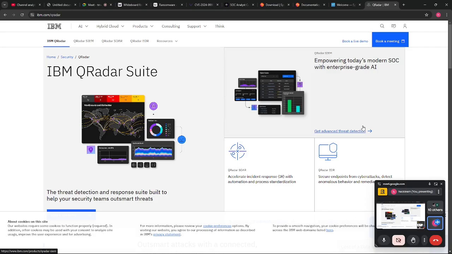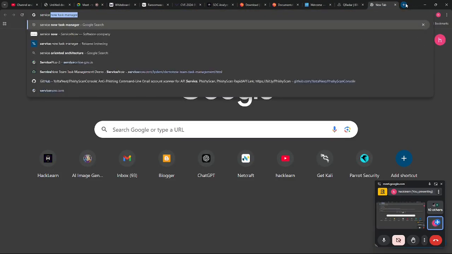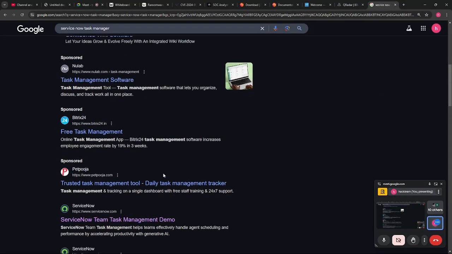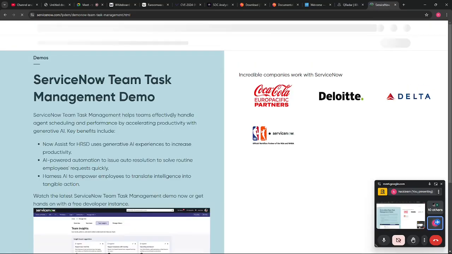So these are the basic tools, and after that we will also come to ServiceNow. You can also learn ServiceNow task management. This is also a great tool to start with. You can start with this tool also.